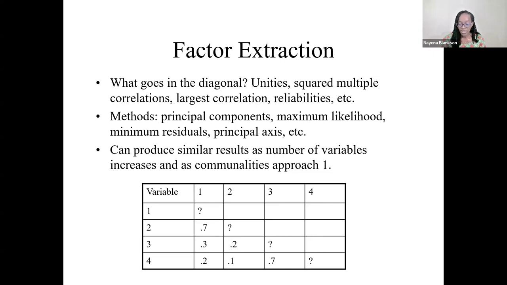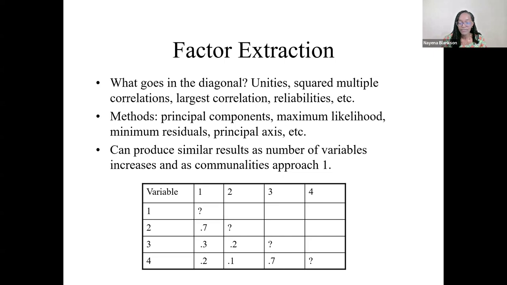And then instead of ones in that diagonal, squared multiple correlations might be put in the diagonal, the largest correlation, reliabilities, or even some extraction methods start off with ones in the diagonal and then go from there.